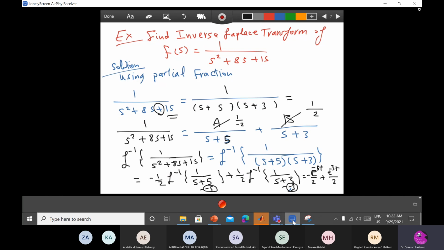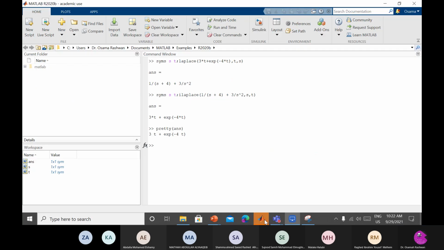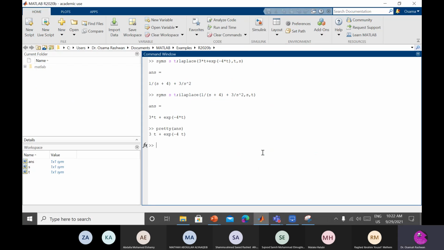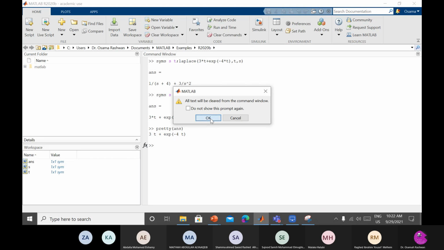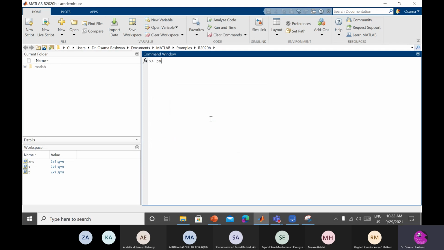Let's try it in Matlab. I just clear the window. I define the symbols s and t with a semicolon. What's my command? Not Laplace, ilaplace.